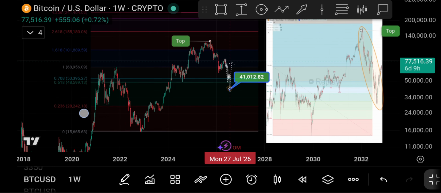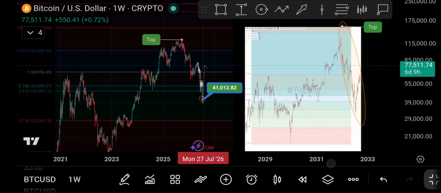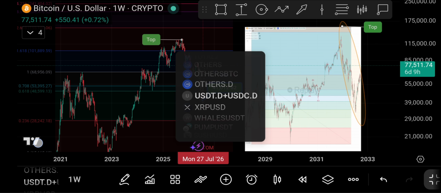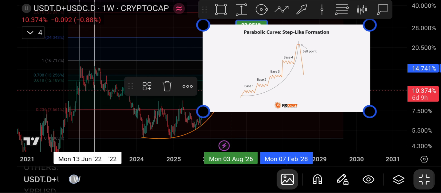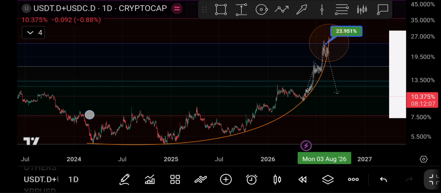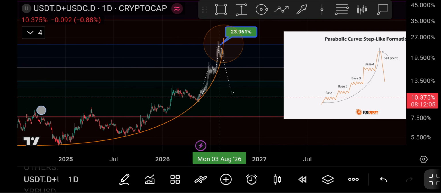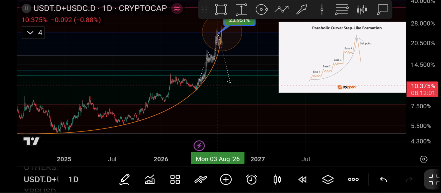And for now, I want to present to you something that I found in the stablecoin dominance chart. If I show you the chart, it seems we are making this parabolic curve formation.